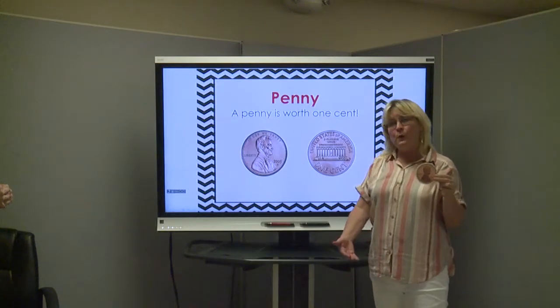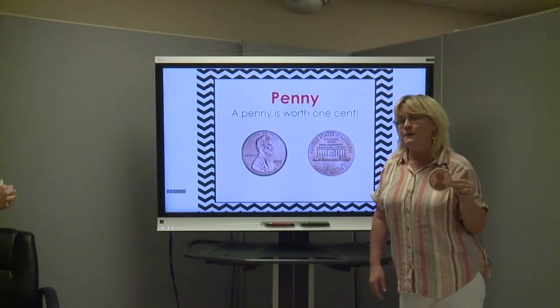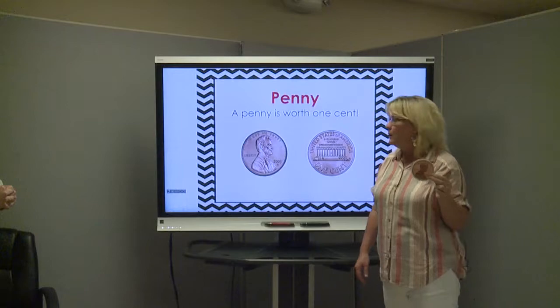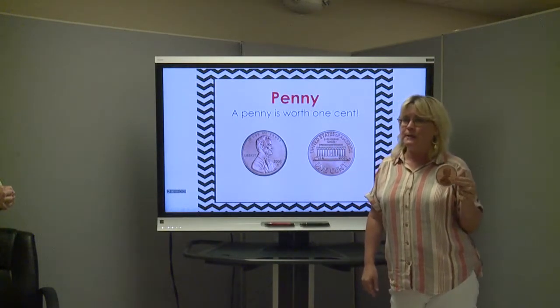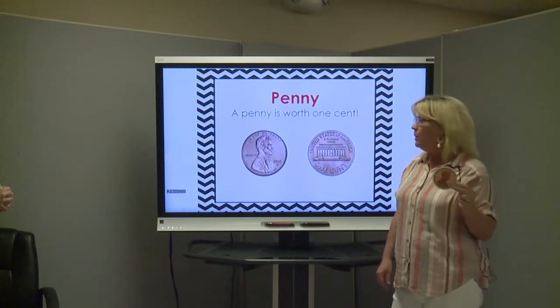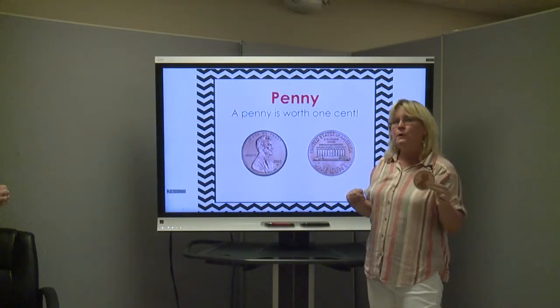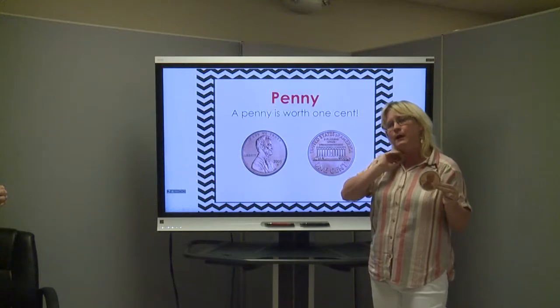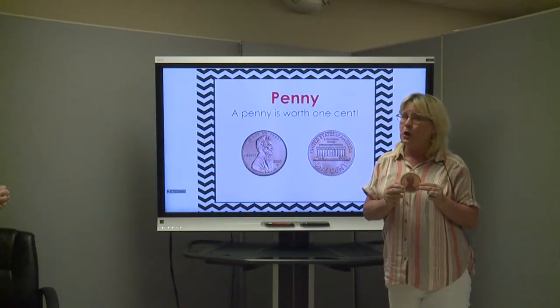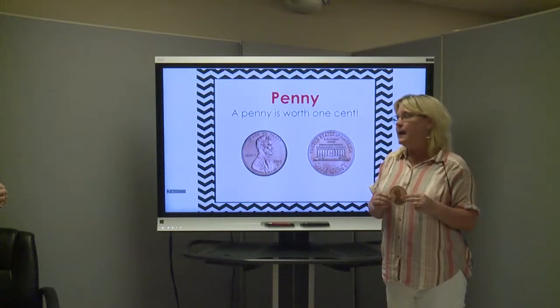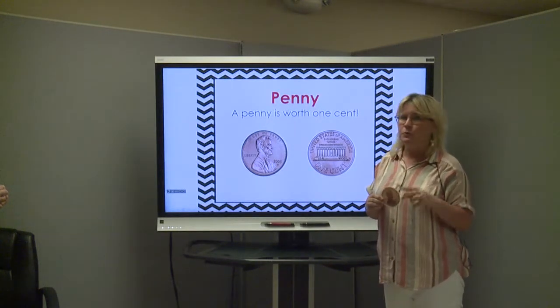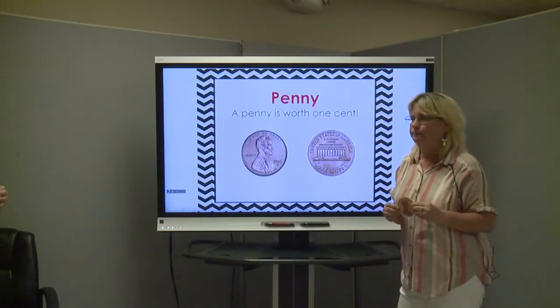One of the ways that we honor famous Americans in our country is that we put their pictures on our coins. On the back, we have a monument in Washington, D.C. that was built to honor Abraham Lincoln called the Lincoln Memorial. This coin's going to be easy for you to identify rather than the others because it's a different color than the other coins. This one has a brownish copper color, and it is worth 1 cent. You will count it by ones.